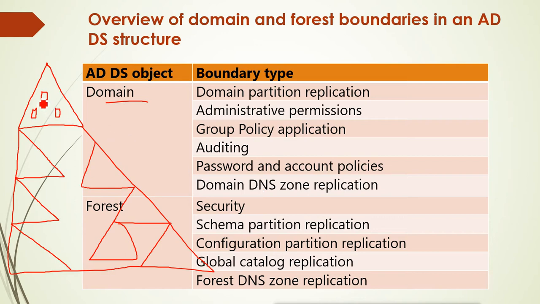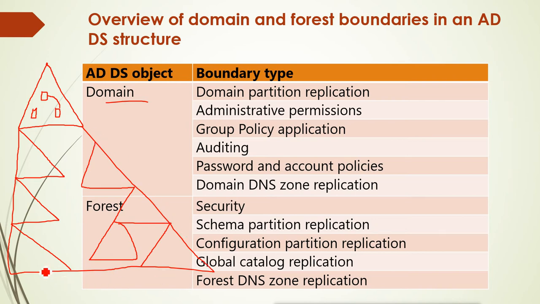That means the DNS servers within the boundary will replicate the DNS information to other DNS servers within the domain boundary. Now forest. The forest has a boundary, which is a security boundary. That means totally it is a single forest.